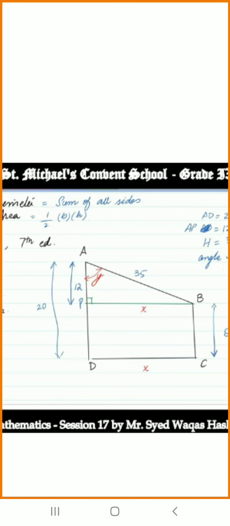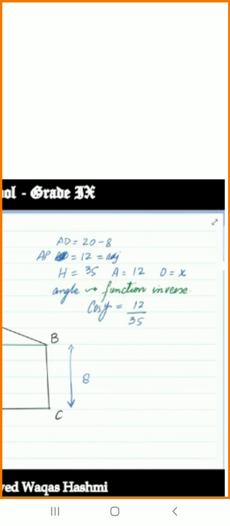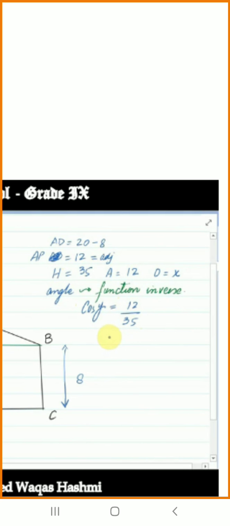At first we need to divide 12 by 35. It will be 0.343. So 0.343 is equal to cos y. Now if you shift cos to the right side, y is equal to cos inverse of 0.343, right?